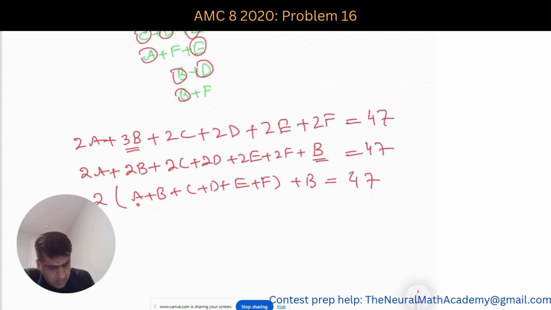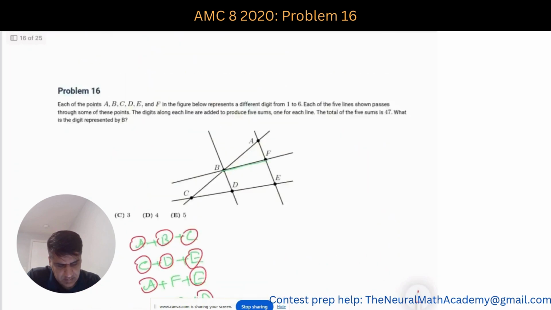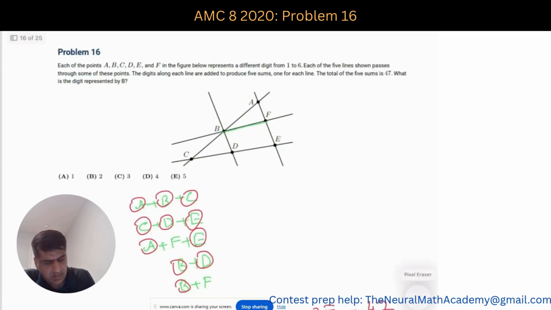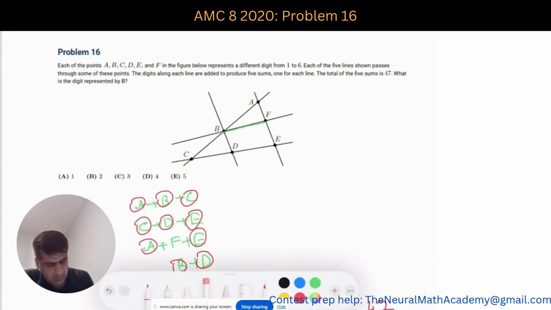So we are already told that the numbers are in the range of 1 to 6, right? And they are different for all the cases.